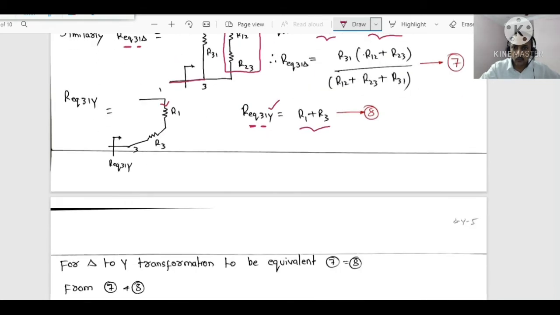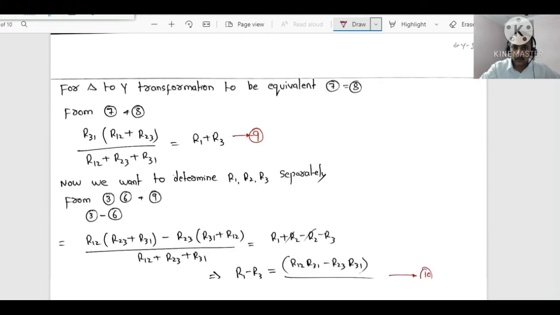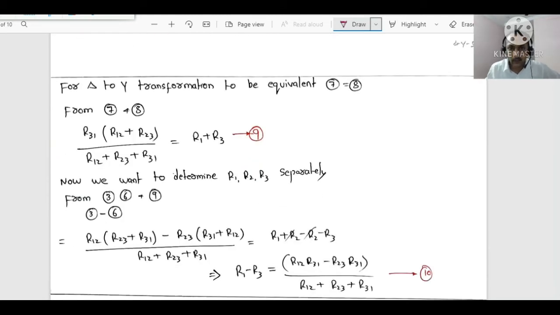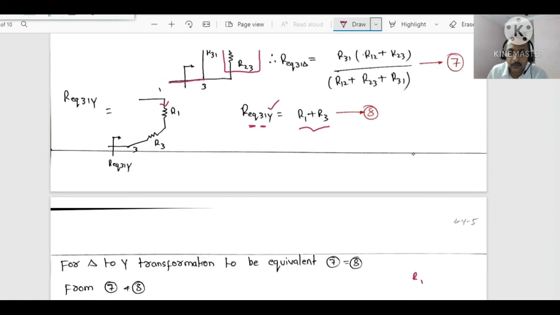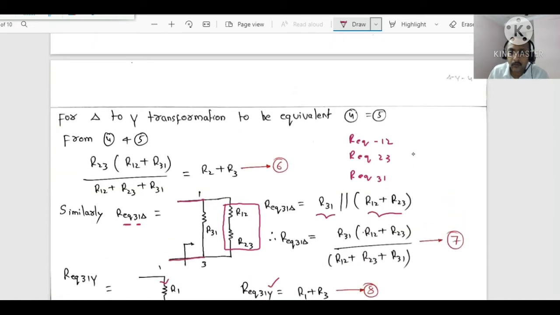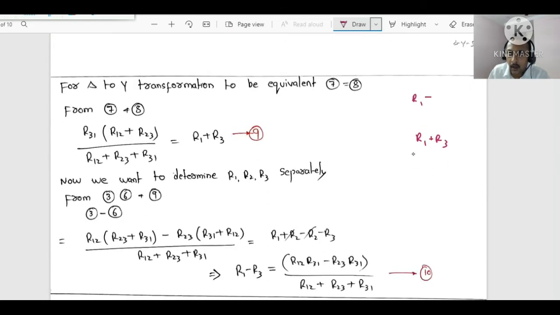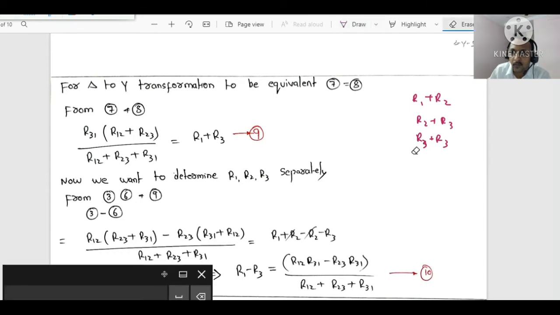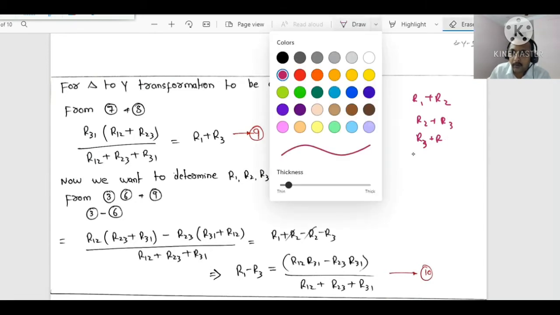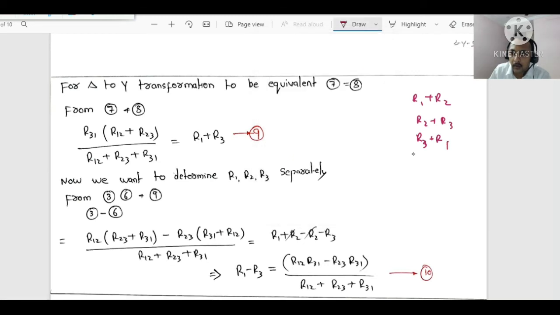So dear students, at last we are having 3 equations. We are having equations in terms of R1 plus R2, in terms of R2 plus R3, and in terms of R3 plus R1.